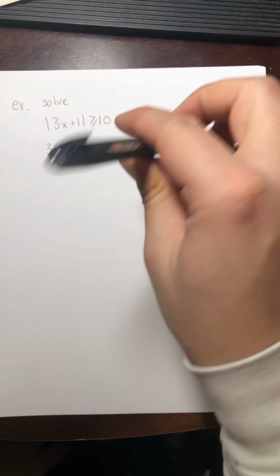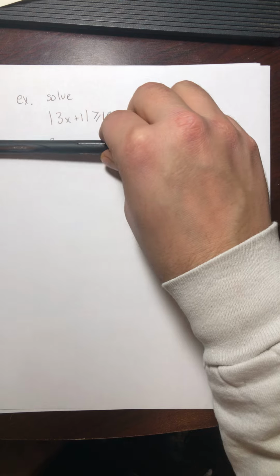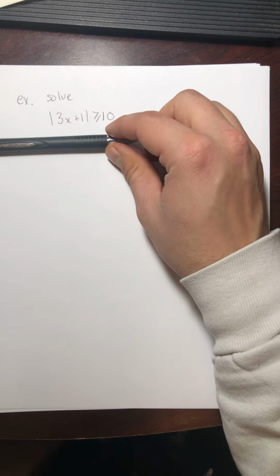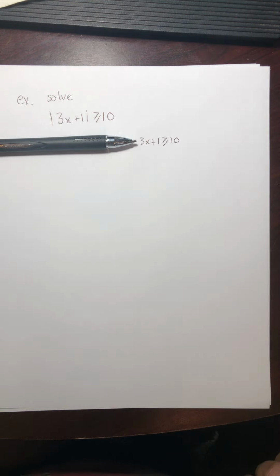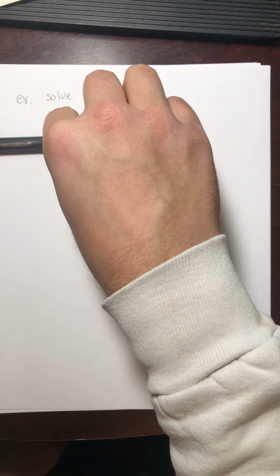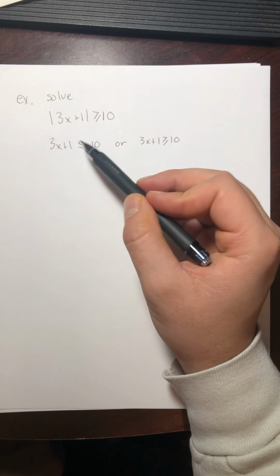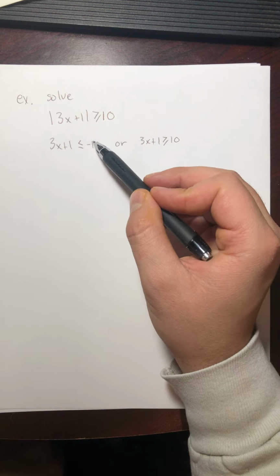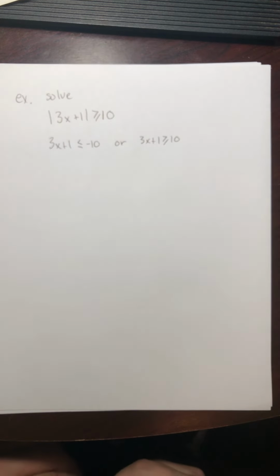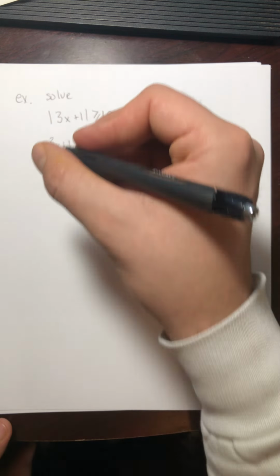One of the most common mistakes is to just get rid of that absolute value, and that's not a true statement. If you are just looking at the positive side, that violates the definition of absolute value. So we need to remember that we're 10 units of distance farther away on the left side, which would translate to less than or equal to negative 10.